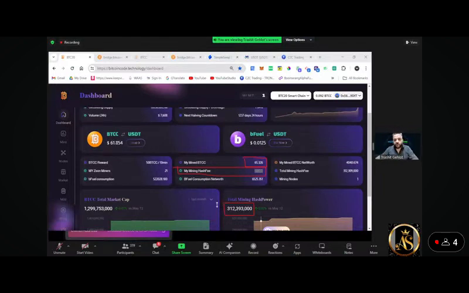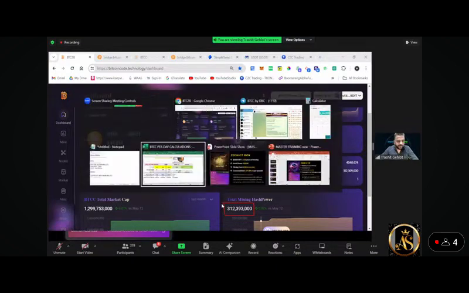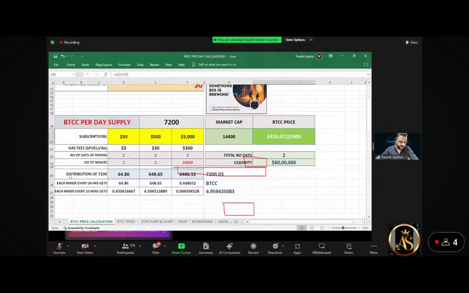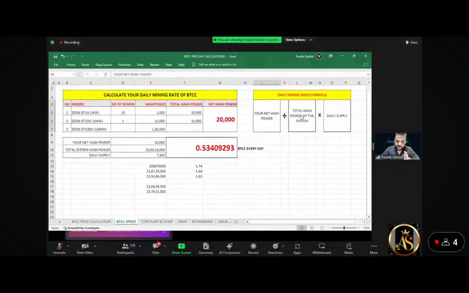The formula is very simple. You should note it down if you want to. The formula is your net hash power divided by the total hash power of the system, multiplied by the daily supply. It has to be in the same unit.